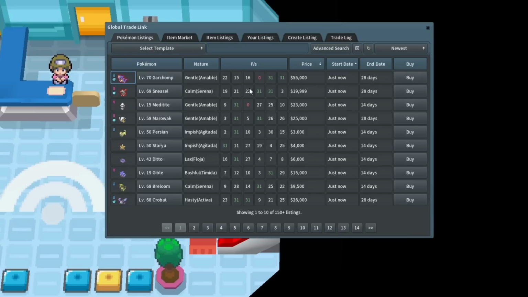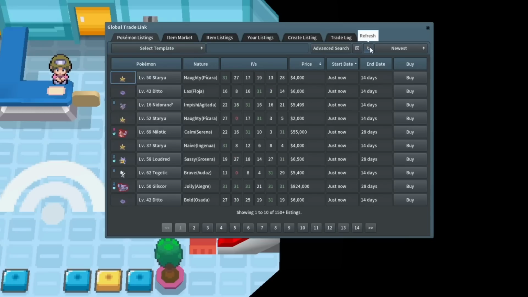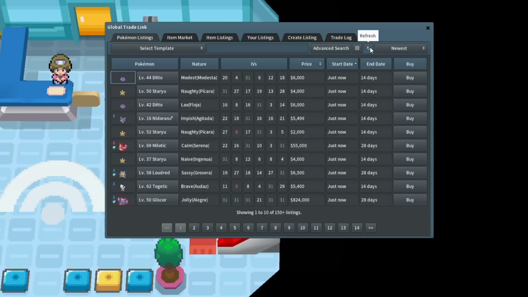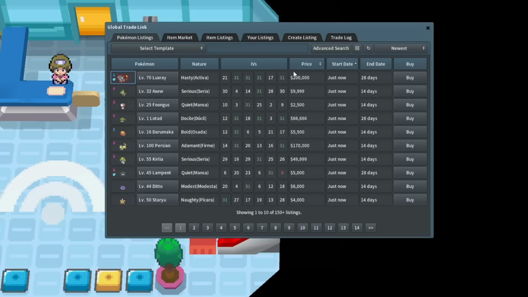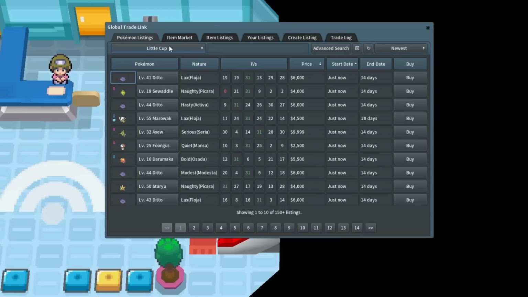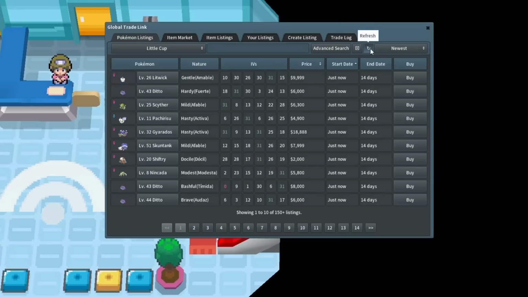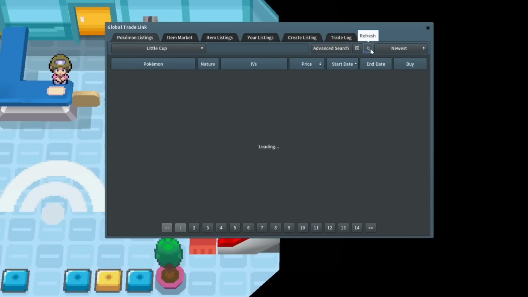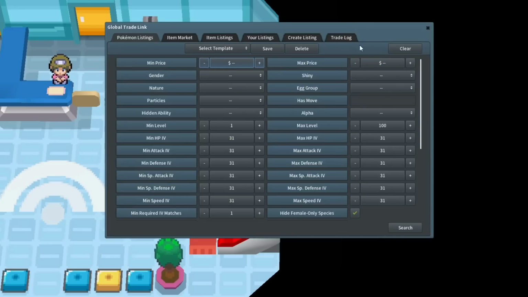And I like the Little Cup template because if you keep refreshing here you see that a lot of stuff comes up, and that might be overwhelming for you in the beginning because there's a lot of things being listed and you don't know what is good, what is wrong, and here you can make mistakes. So by using this Little Cup template here, you can train yourself first by understanding what is good value, what isn't, and the mistakes you make aren't that relevant because it's only 20k. And also the speed that flips come here is lower than if you haven't put the 20k price point here.